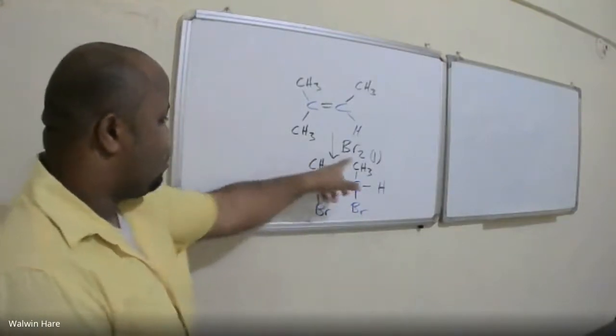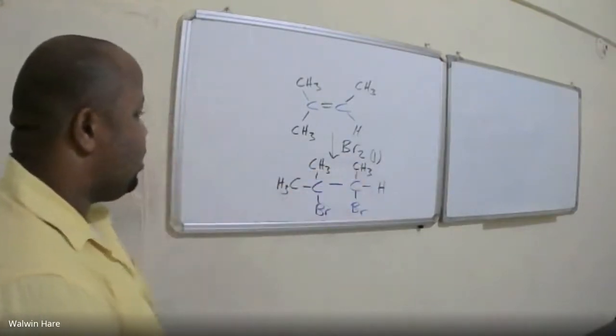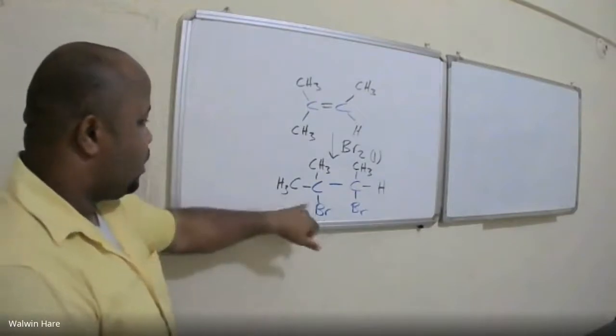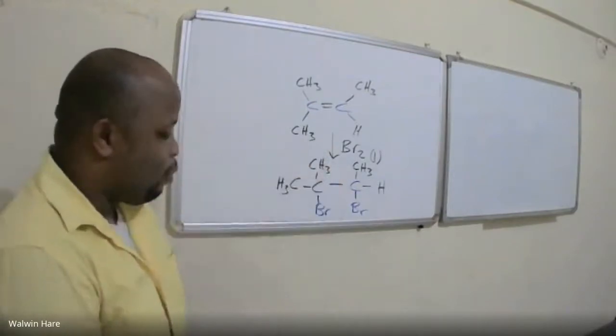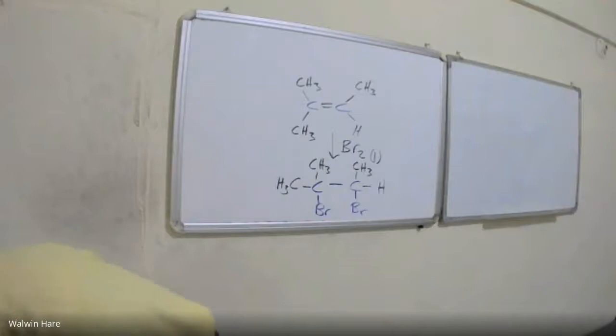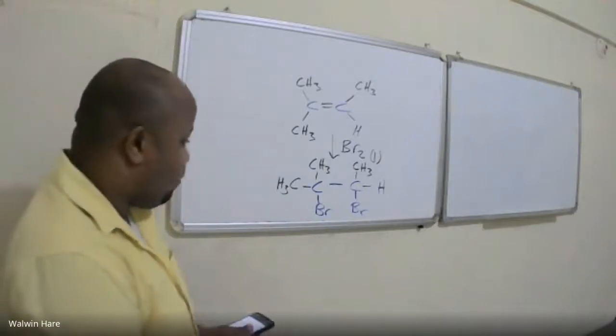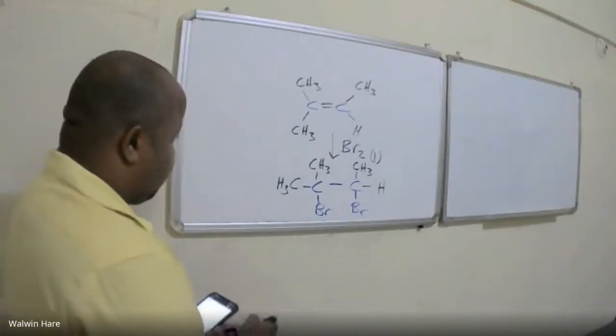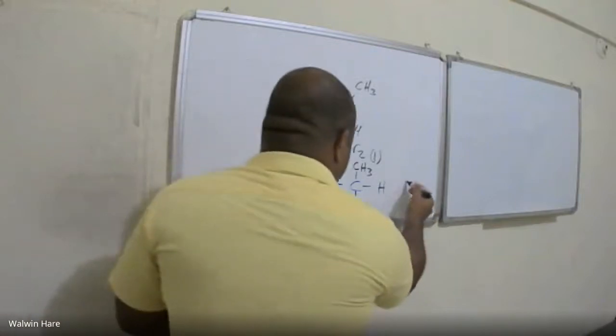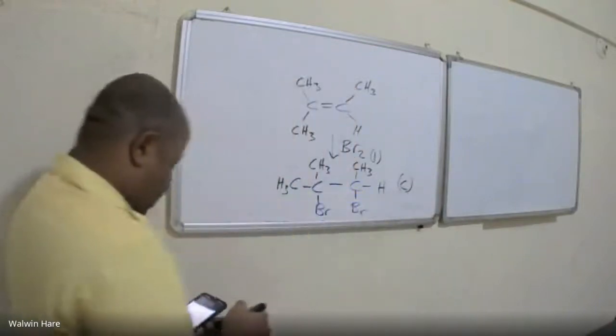That means the rest of the structure will remain the same. So this is it if we add liquid bromine to it. So that would be the structure for compound C. So this is compound C.